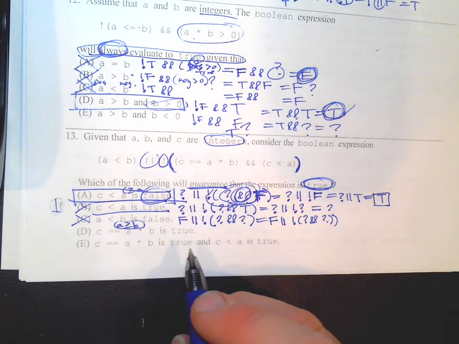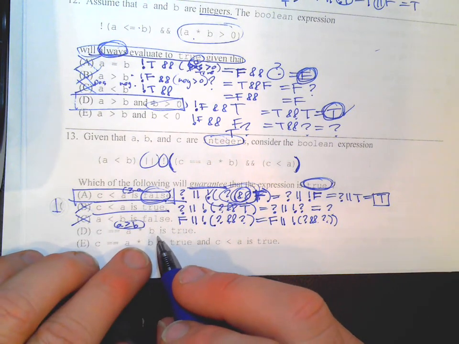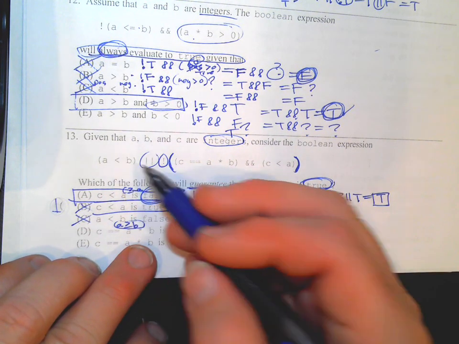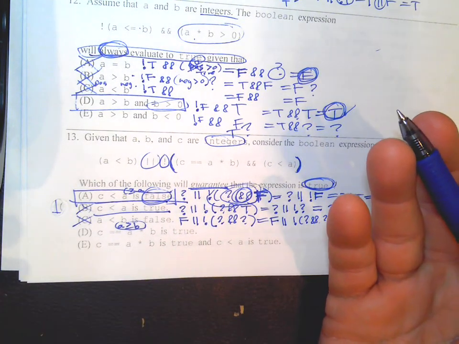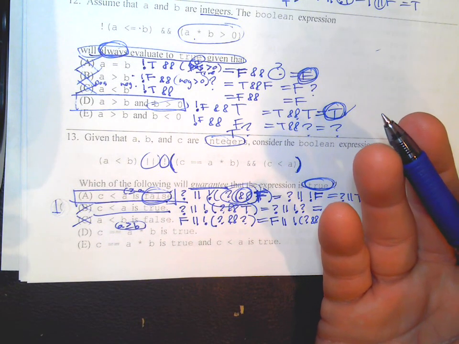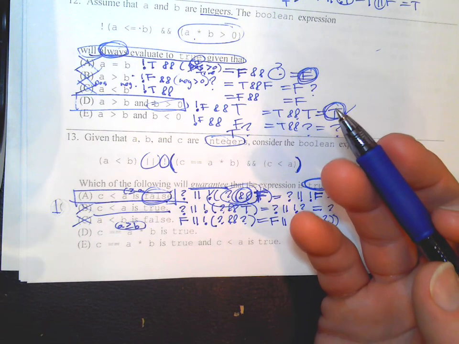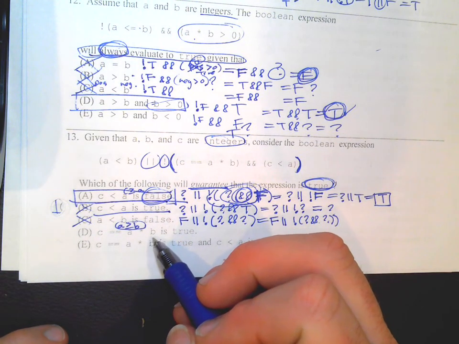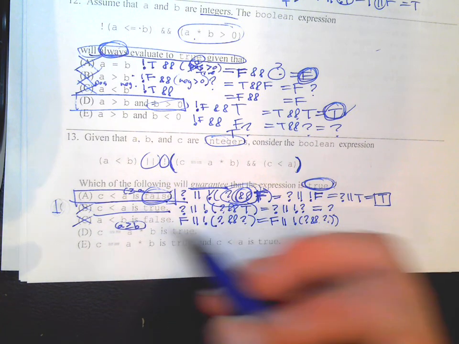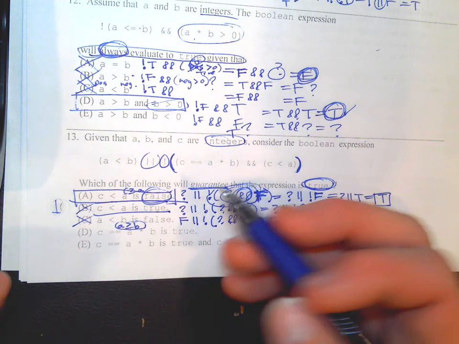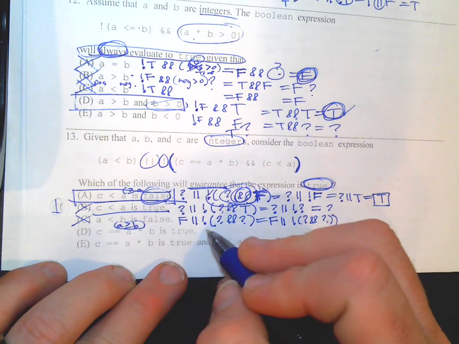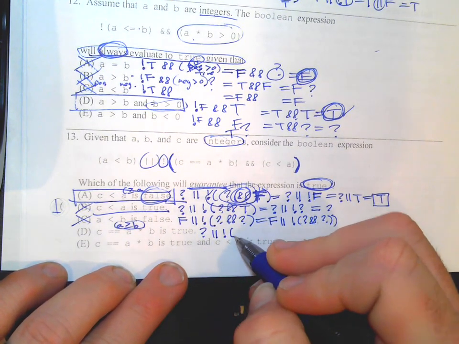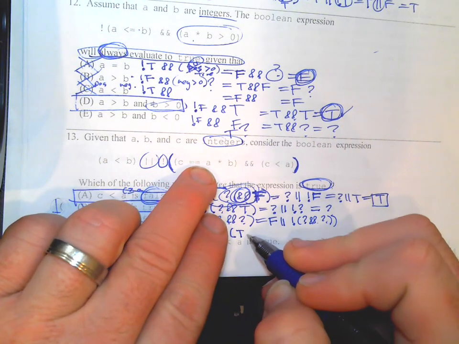And then this says C equals A times B is true. Well, A could be less than B, right? And this could still be true, right? 3 times 1/3, or 1/3 times 3, but it could be the other way around. So we don't know. And then we know that's true, right?